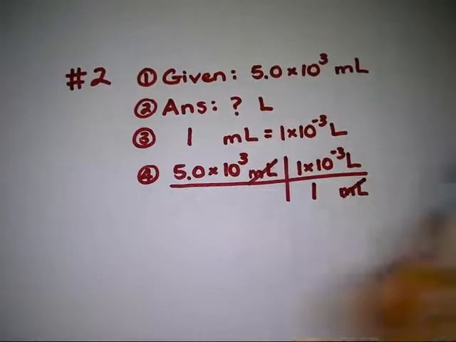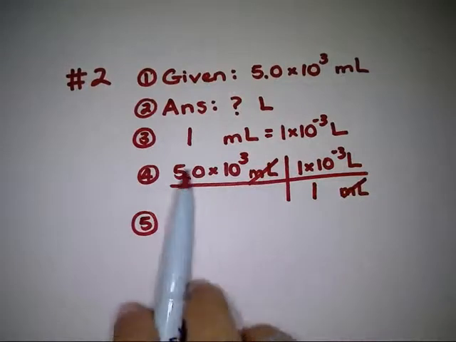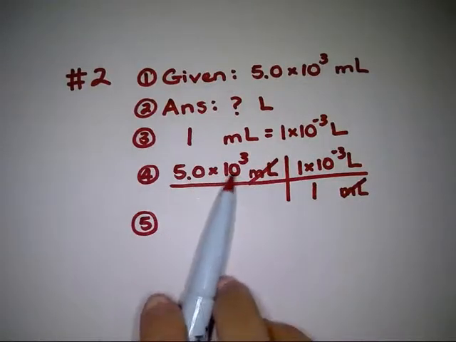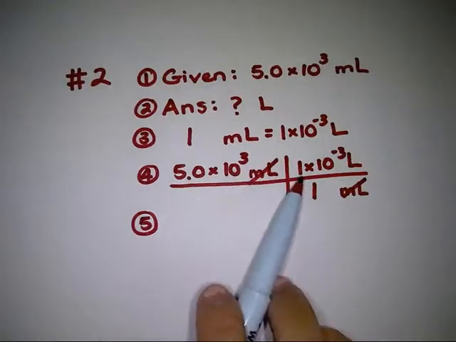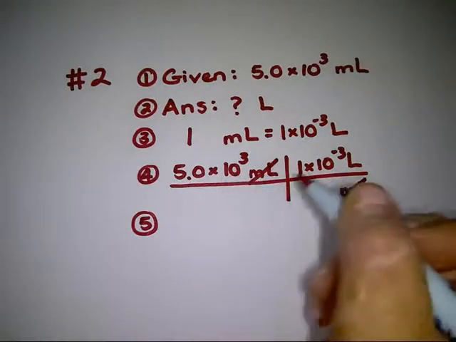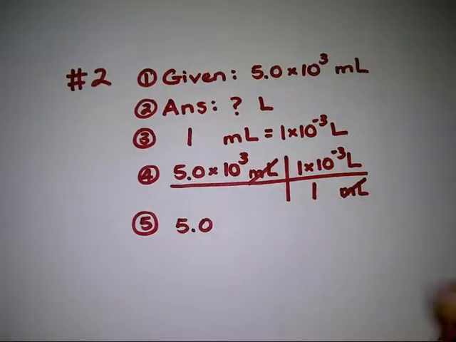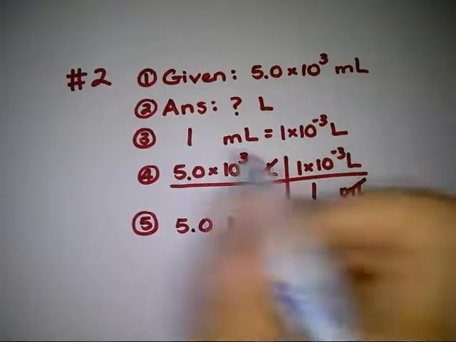This will cancel out, and we put this in the calculator. So what you would do is take 5.0 E3 times 1 E negative 3, and the answer is 5.0 liters.